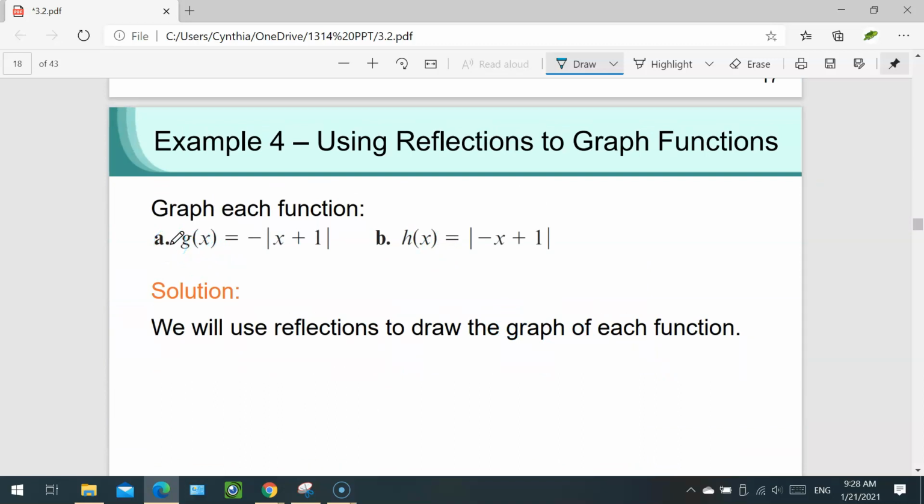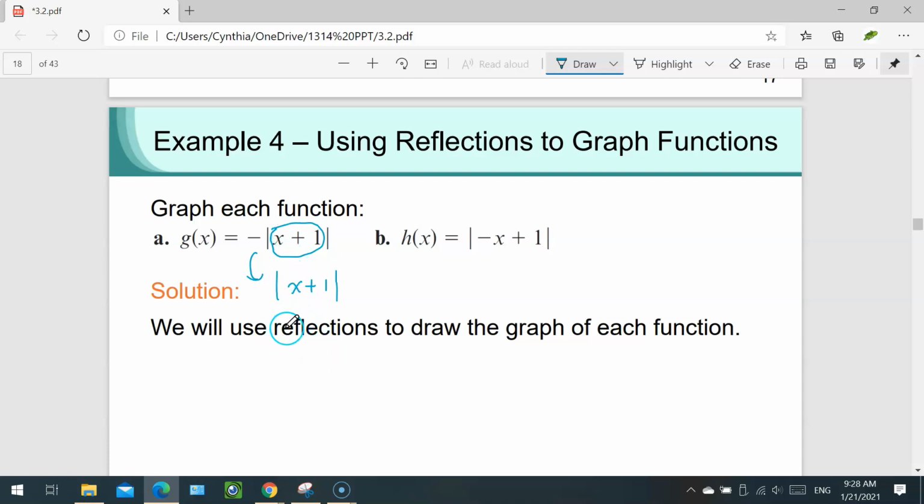g of x has a negative sign outside, so I know this is a reflection about the x-axis. So this is upside down. The minus sign will reflect about the x-axis, right? So we need to look at the absolute value of x plus 1.